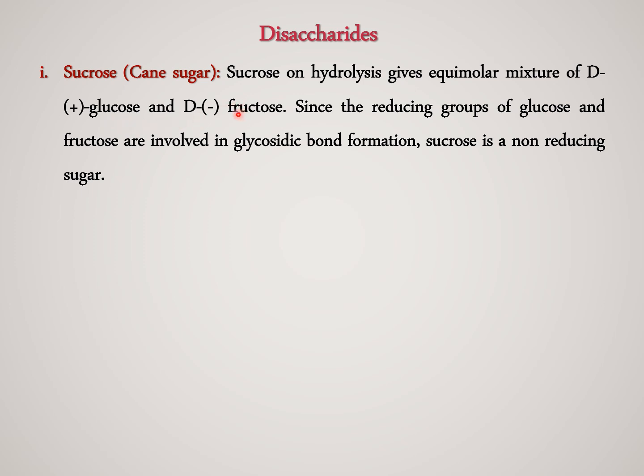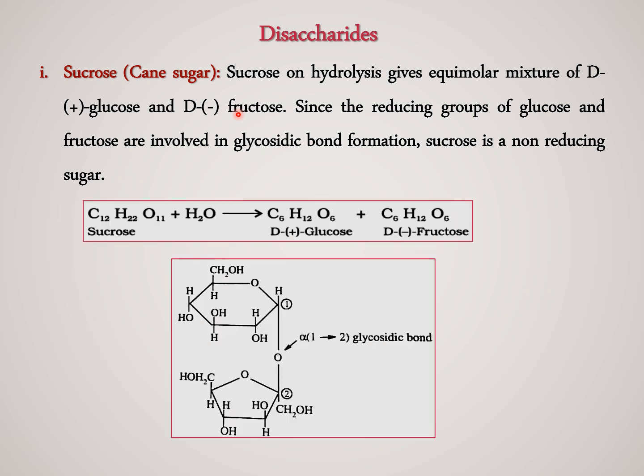What is important to remember is that the glucose is in the alpha-D-plus-glucose configuration, whereas the fructose is in the beta form.